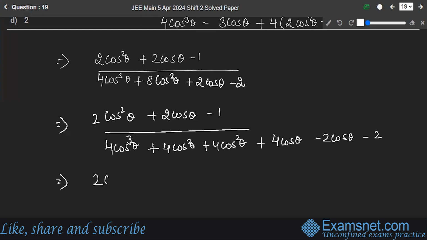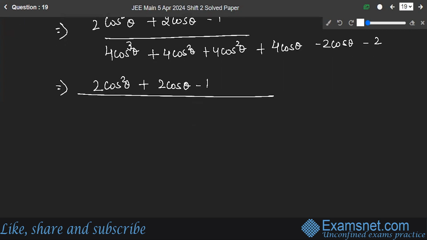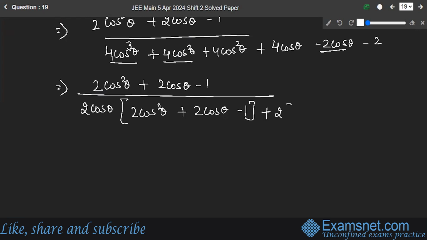The numerator is 2 cos square theta plus 2 cos theta minus 1, whole thing divided by, let's take 2 cos theta common from here. You have 2 cos square theta and 2 cos theta, and I'll take this minus 1. And now we have utilized this one, and that one. So you're left with plus 2 over here.